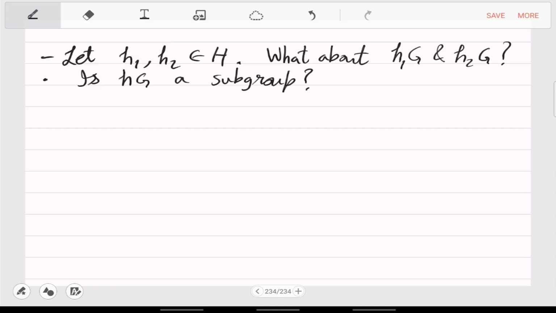Are they of equal size? What do you think? Yes, right? So h1 g and h2 g are always equal sized. How do you prove this? I mean, as we are assuming finite.